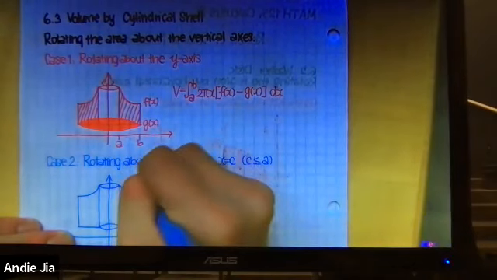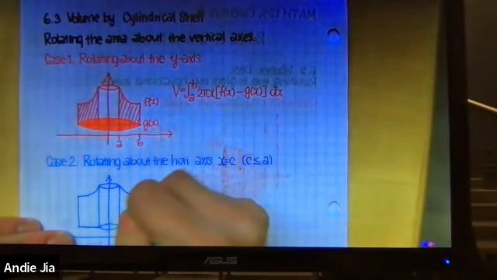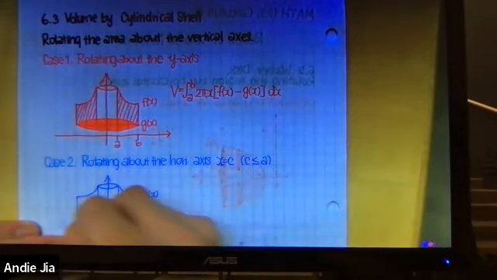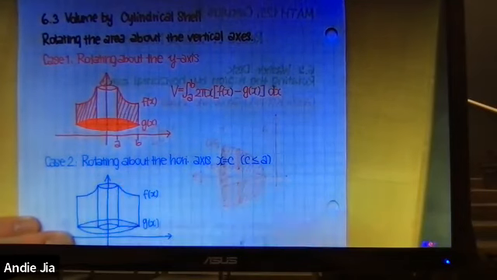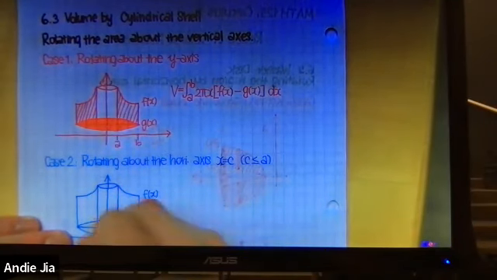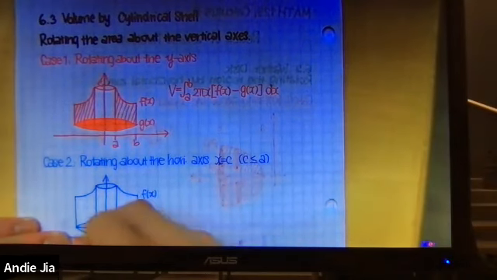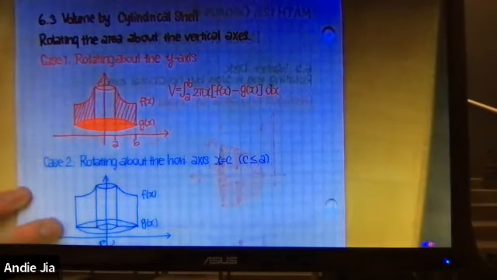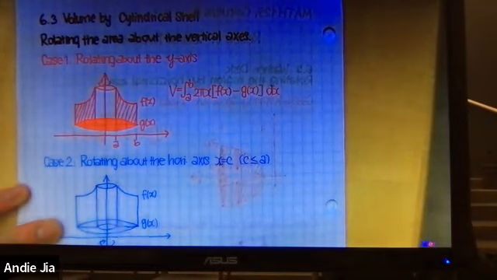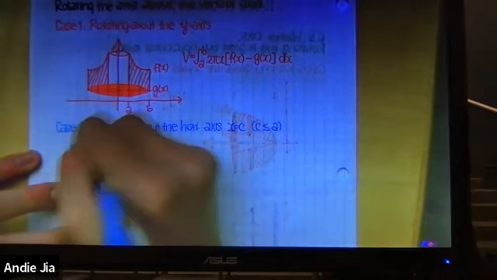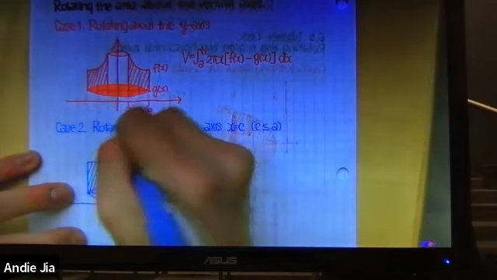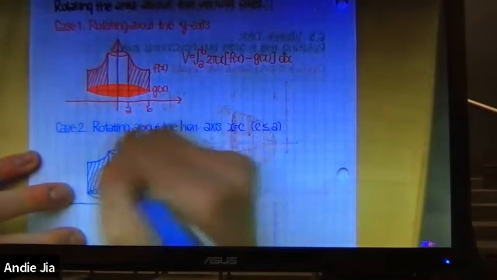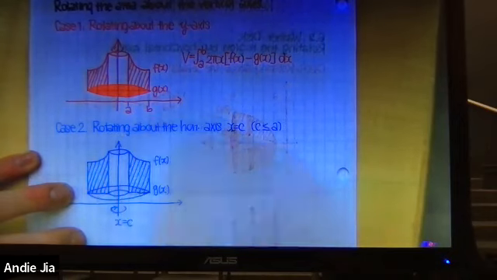It is f of x minus g of x. This is the volume of the cylindrical shell, because we rotate them. Then we shade this region, and we evaluate this integral to find the volume.